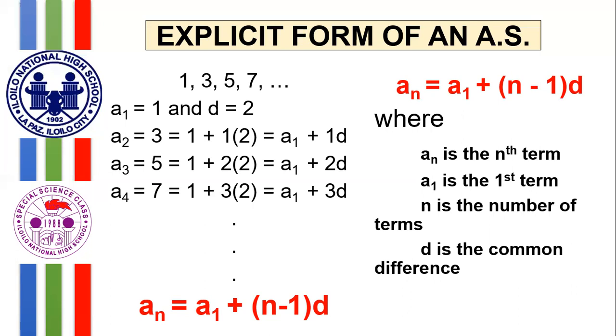So please take note of this formula because we will be using it almost all throughout our topic in arithmetic sequence. All right? So let's apply this formula now to the very first question that was thrown earlier.